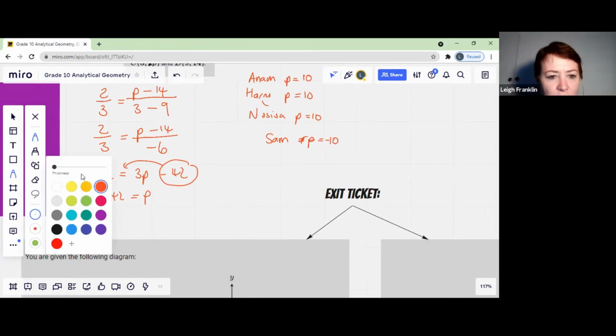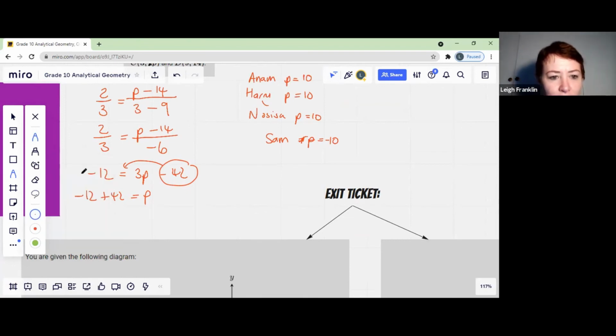Sam, have you been able to find your mistake? Now I don't understand, because the formula says y2, and y2 is 14. So 14 was supposed to be the first one before P, right? Instead of P minus 14. Okay, Sam, it shouldn't matter which way around you do it.